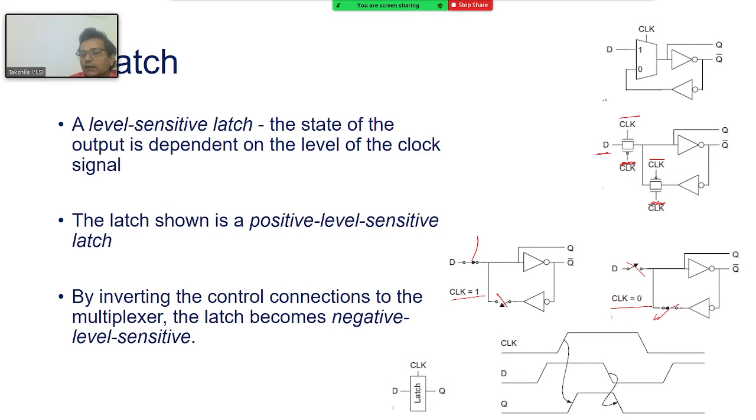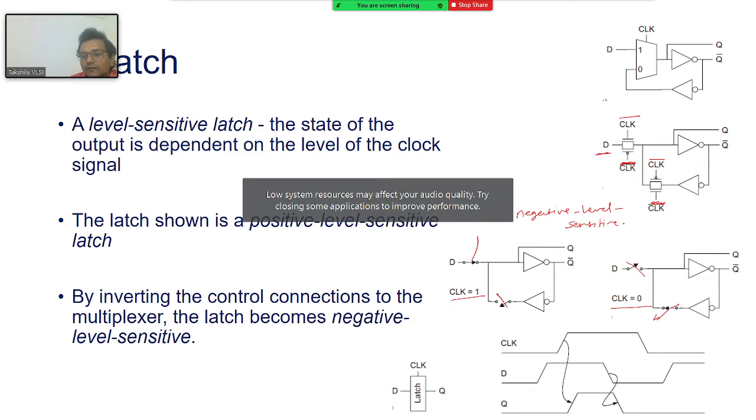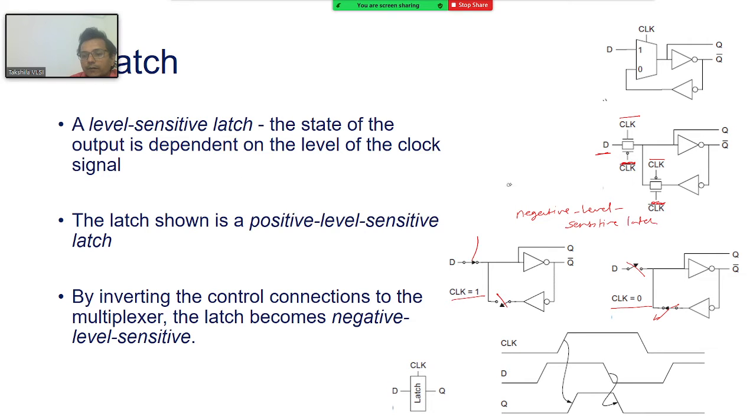Such behavior can also be obtained, and that behavior of the latch is called as negative level sensitive latch. So remember, depends on the control, you can choose to design a positive level sensitive or the negative level sensitive.